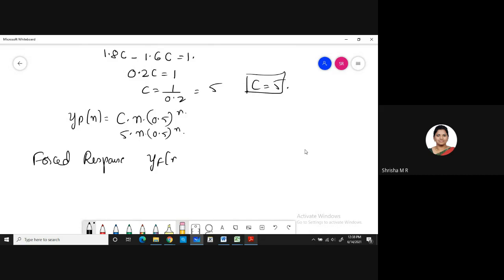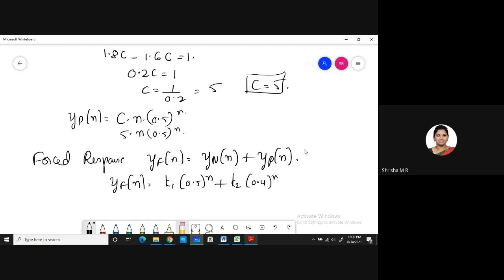Yf of n is equal to Yn of n plus Yp of n. Okay, so that you will have what is natural response. So Yf of n would be equal to K1 into 0.5 to the power of n plus K2 into 0.4 to the power of n plus 5n into 0.5 to the power of n.